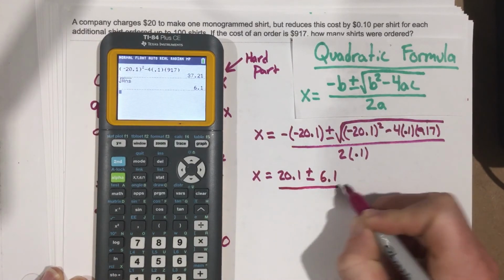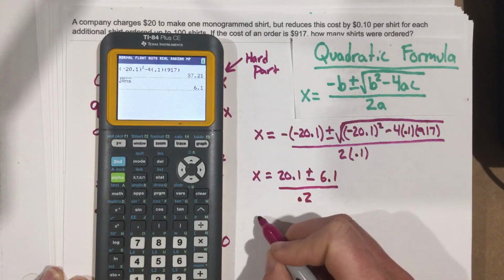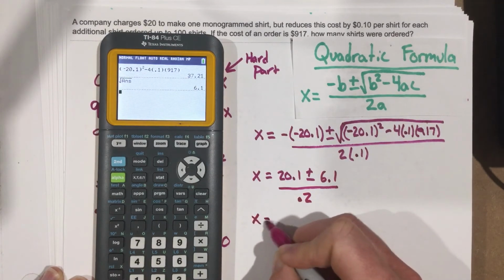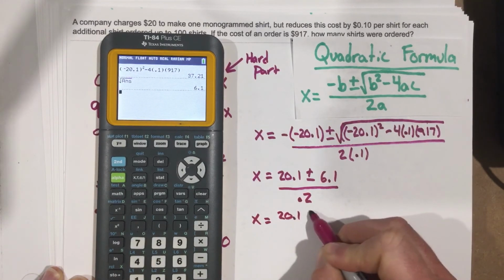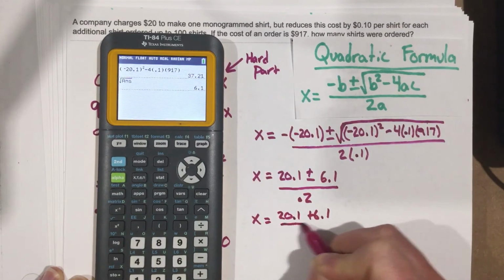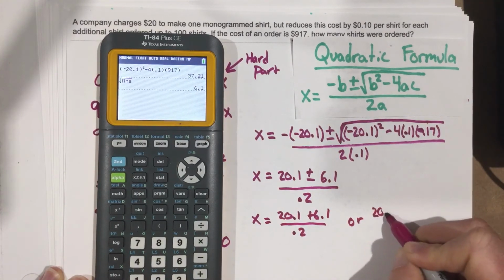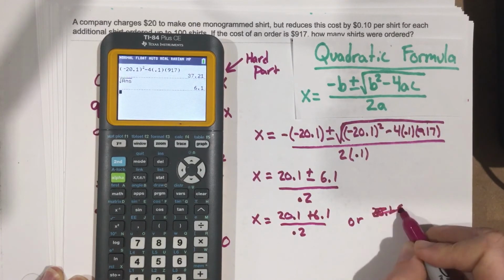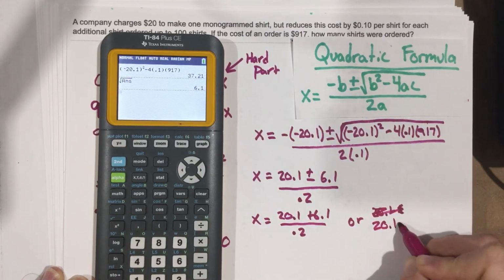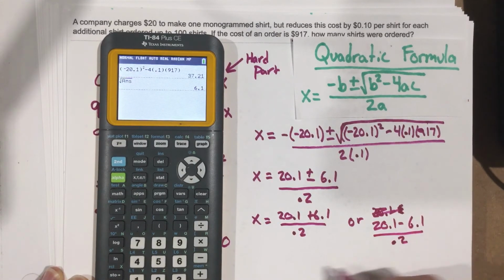That's over 0.2. So this is going to equal 20.1 plus 6.1 over 0.2, or 20.1 minus 6.1 over 0.2.